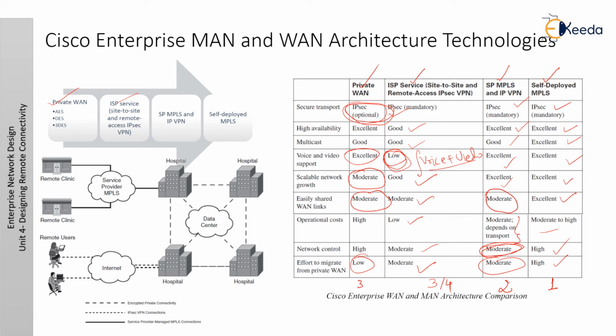Now come to SP MPLS and IP VPN. A network-based IP VPN is similar in many ways to private connectivity, but with added flexibility, scalability, and reach. The any-to-any nature of an MPLS-enabled IP virtual private network, where any branch can be networked to any branch, combined with its comprehensive quality of service for voice and video traffic, suits the needs of many enterprises, especially those with high growth operations where many new branches and remote offices will be added over the next few years.